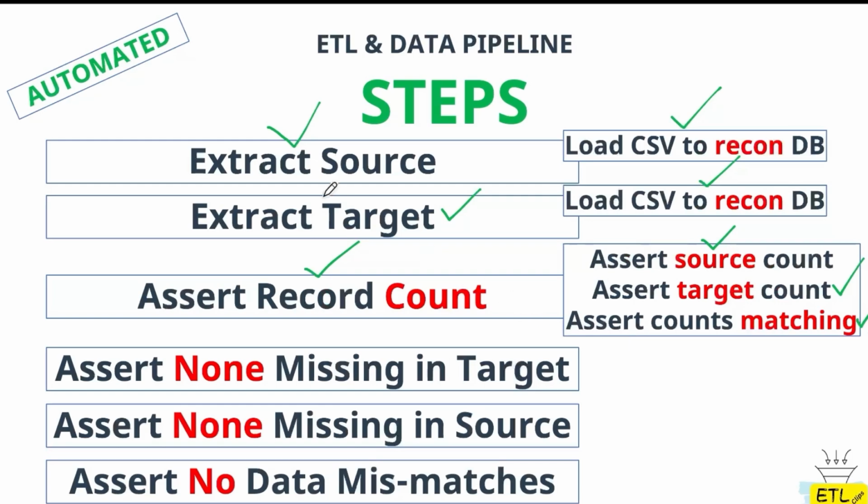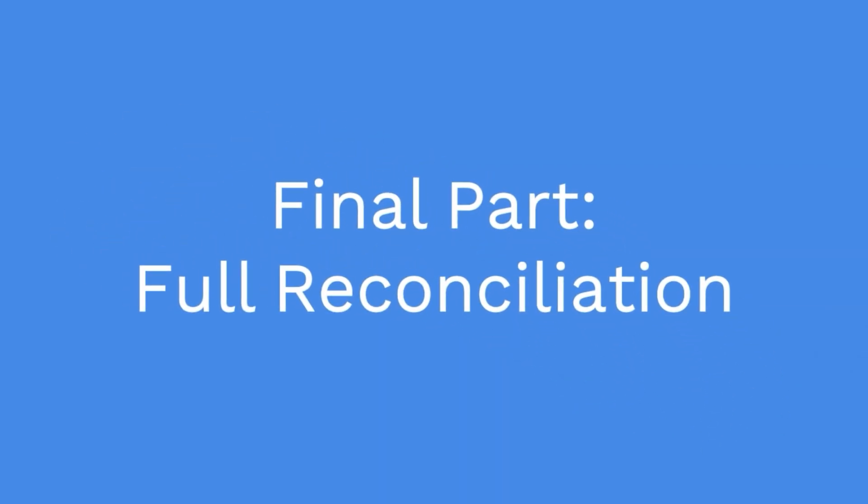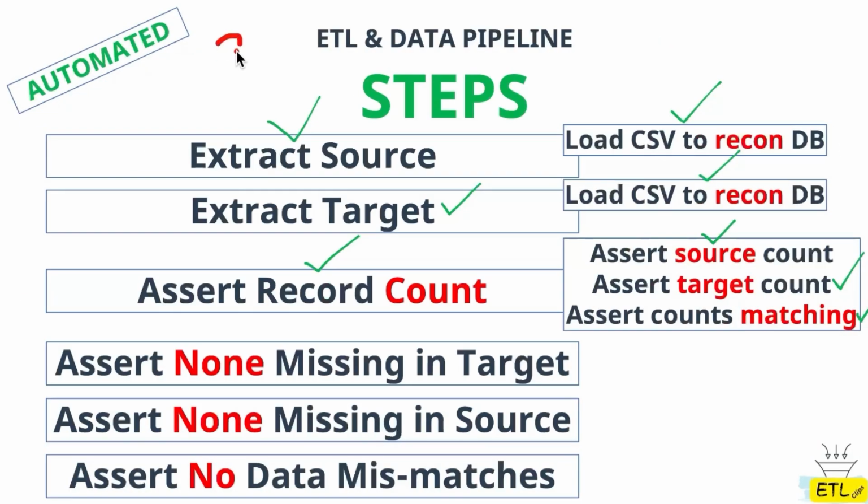In this video, we are going to see how we can automate the final part of our reconciliation journey. You can think of this as part 3 of the series. In part 1, we saw how to validate source extract and loading.